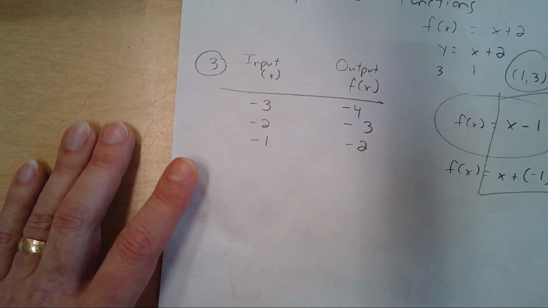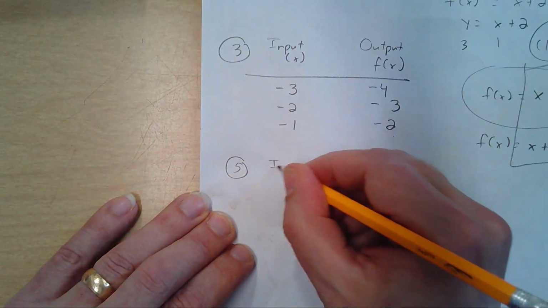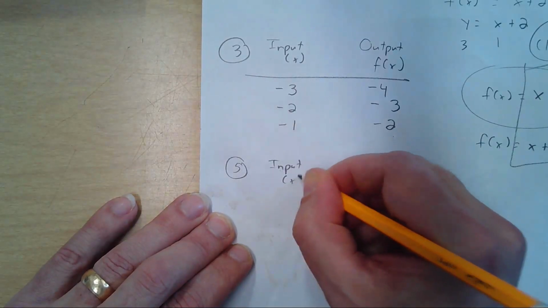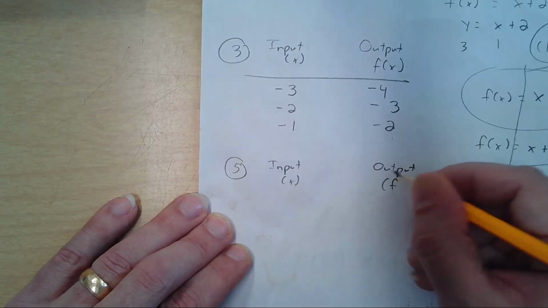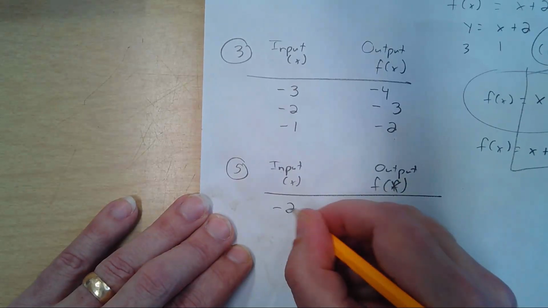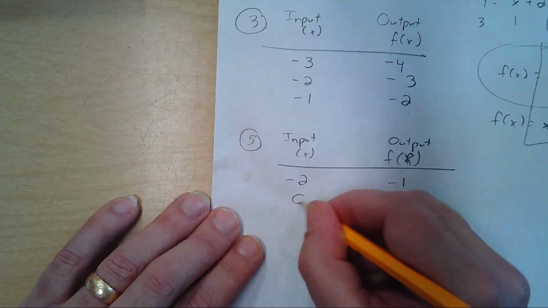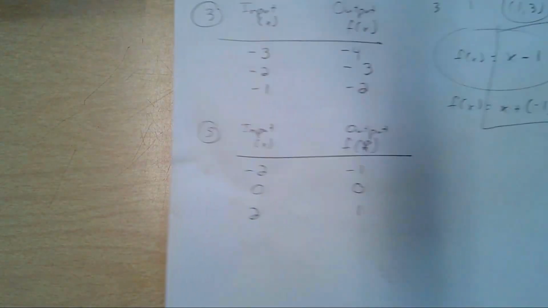Let's try number 5. So, input, output, and this time -2 to -1, 0 to 0, and 2 to 1.